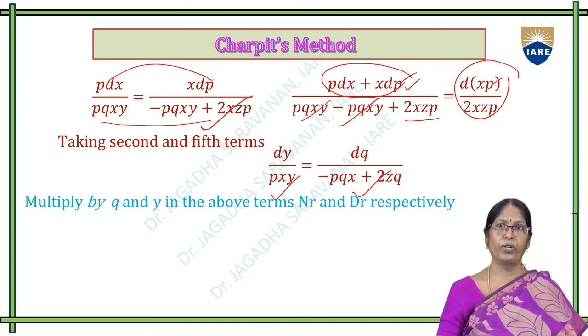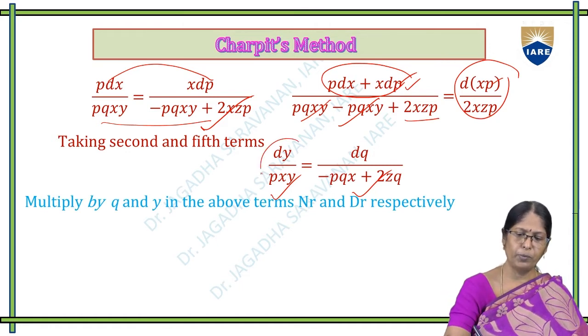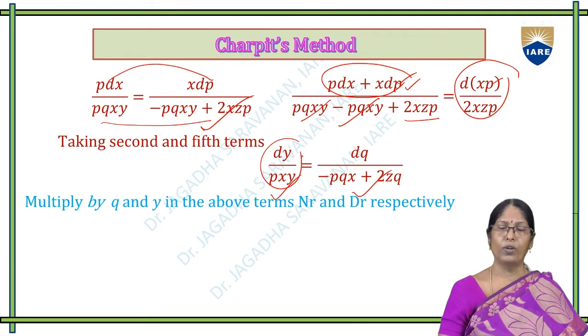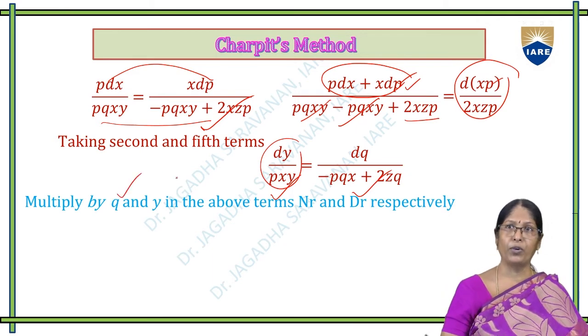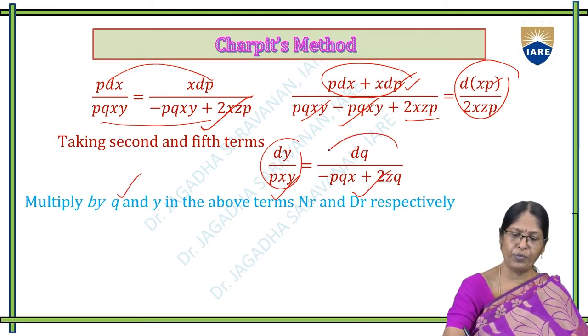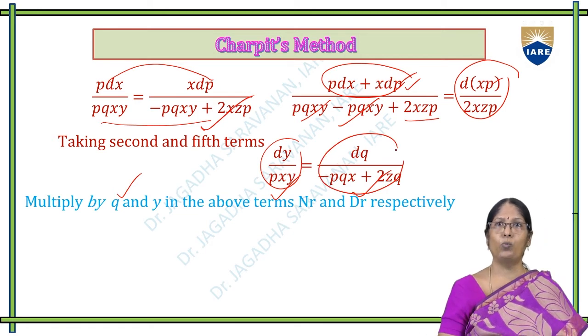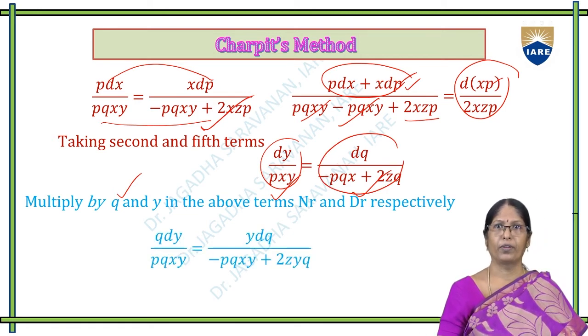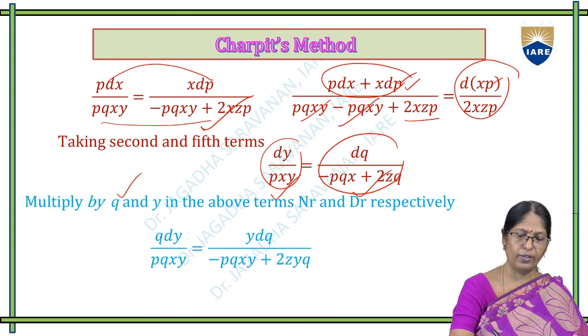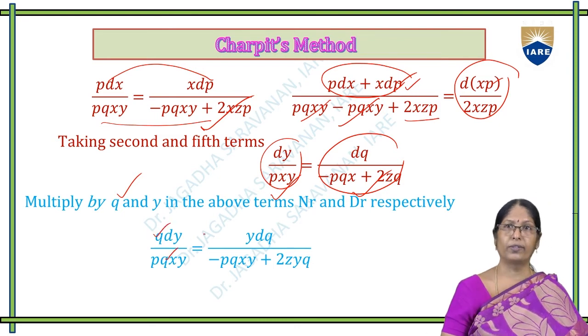Now what we are going to do, the second member up and down we multiply by q, whereas our fifth member up and down by y. So we multiplied by q.